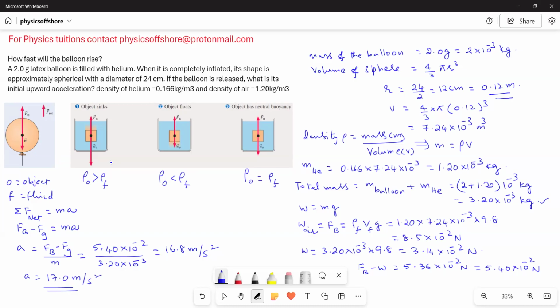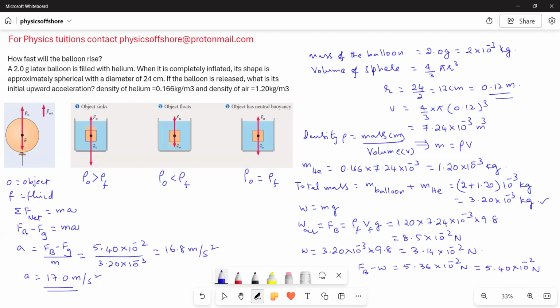Based on that principle, we find the buoyant force and the weight, and then the net force acting on the balloon. To find the acceleration, we have to find the net force, because unless there is a net force, the body will not accelerate. Here the upward buoyant force is greater than the weight, so obviously the balloon accelerates upward.